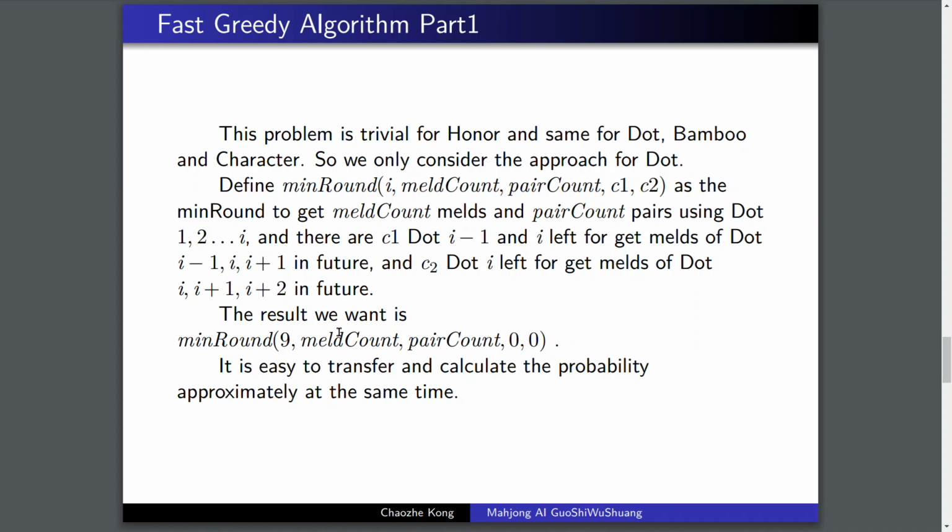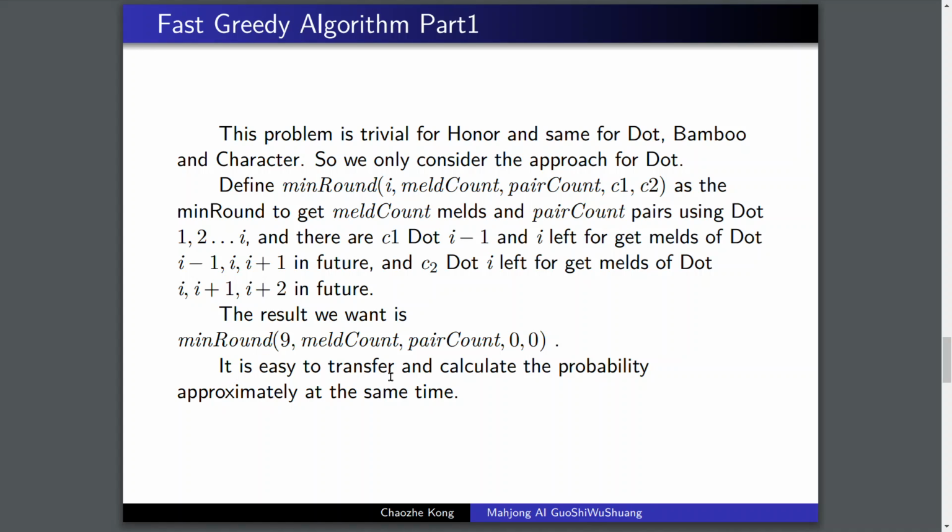The result we want is minround(9, 0, 0) because we have dot 1, 2, 3 to 9, and when i equals 9 we can't get melds in this form.